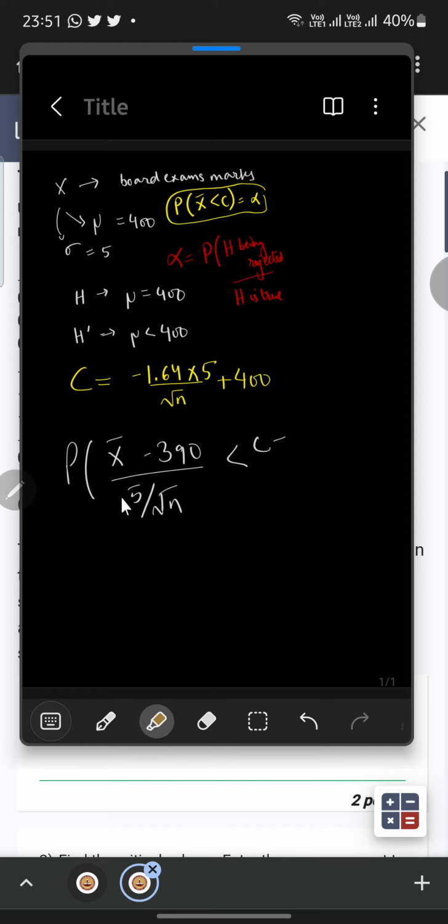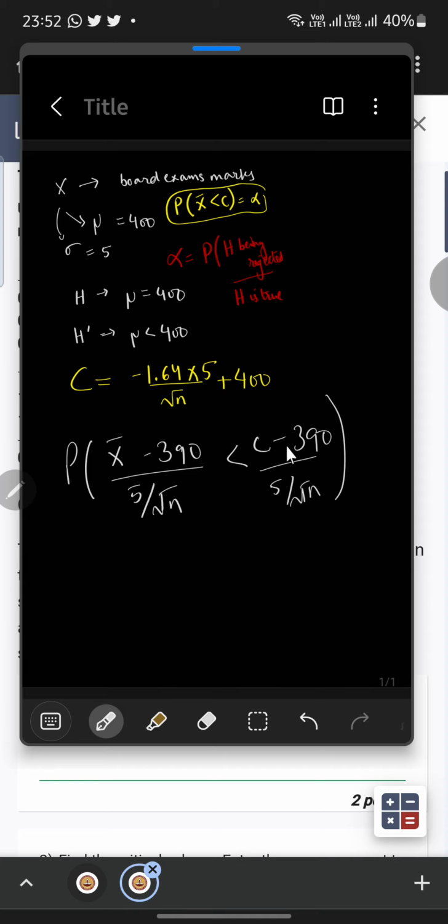I hope you got my point. Before, we were saying that alpha is the probability of the expected mean being less than 400, and now we are finding the probability of the expected mean being greater than 390. That's all. So 390 upon 5 root n.